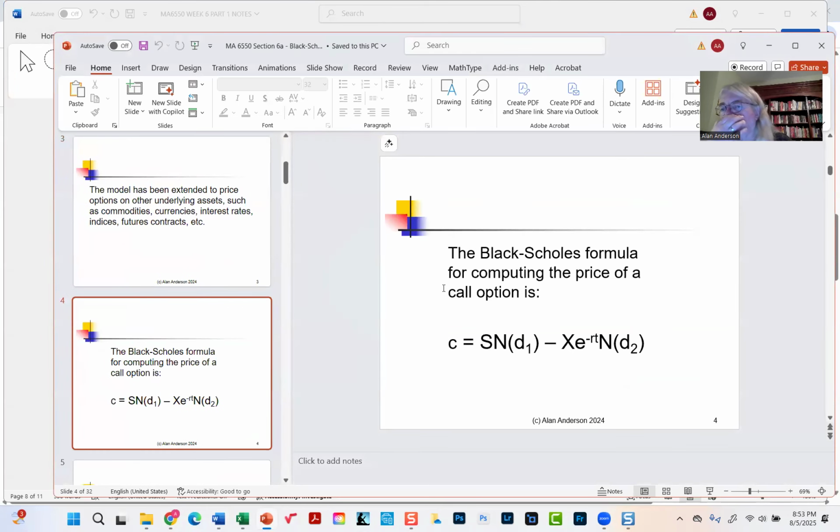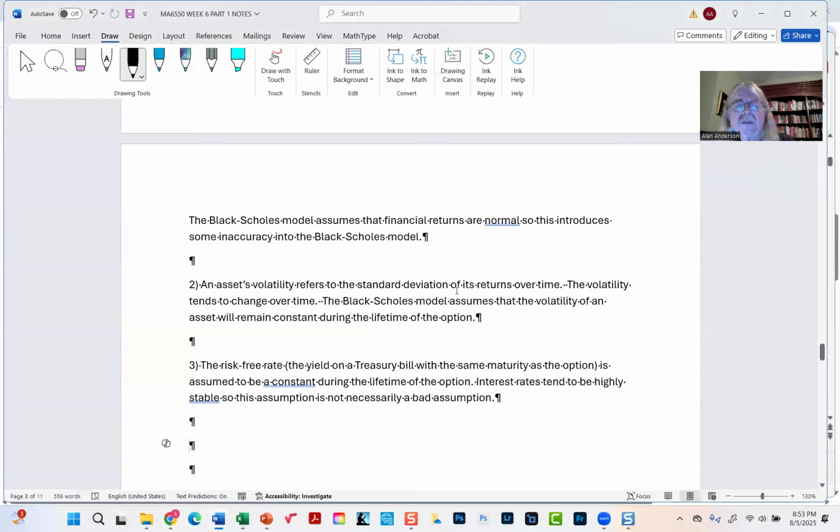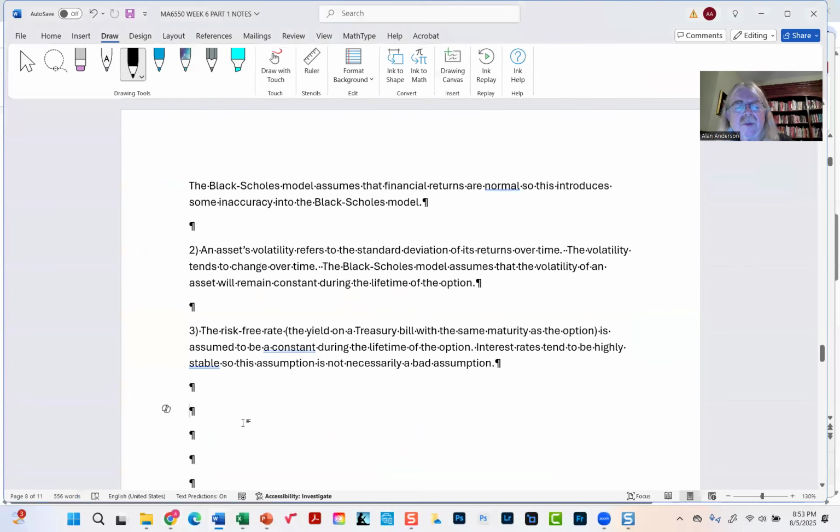Yes, so as I mentioned before, the model was extended by Merton to price other types of assets. By the way, the one thing we haven't mentioned here yet is this. What about puts? The Black-Scholes model was designed to price calls. What about puts?